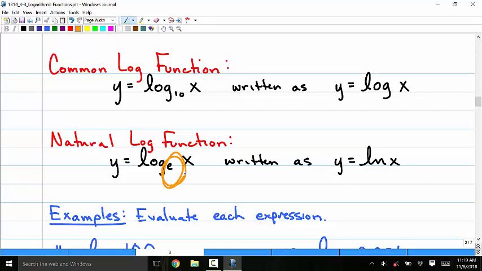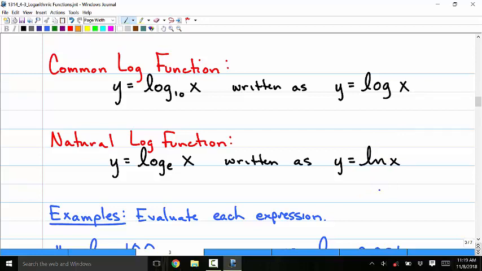If you want to use base e, that irrational number, that's called the natural log. And we write that this way, ln. You don't even put a base. You just write ln. It's the natural log. Got it?